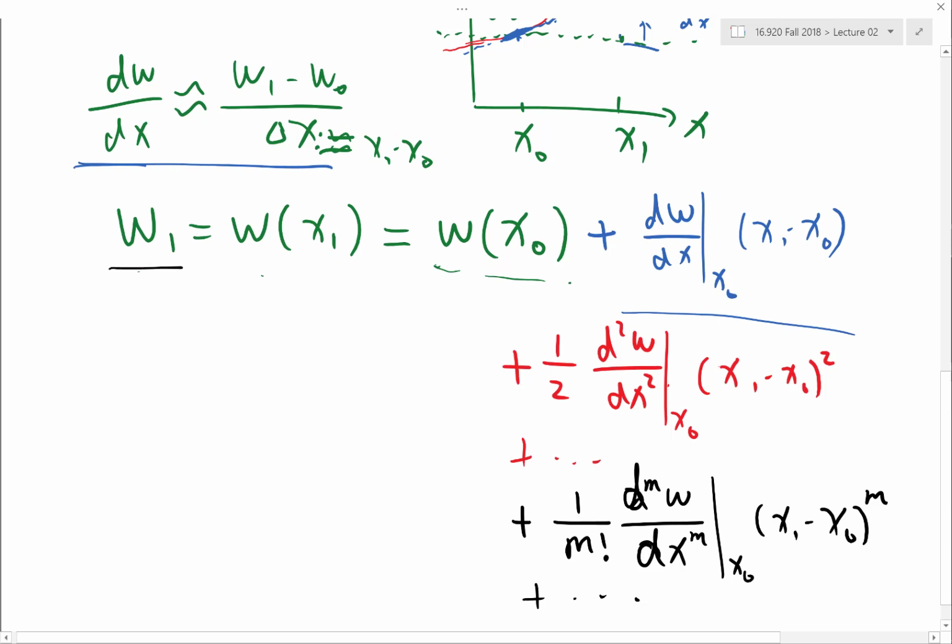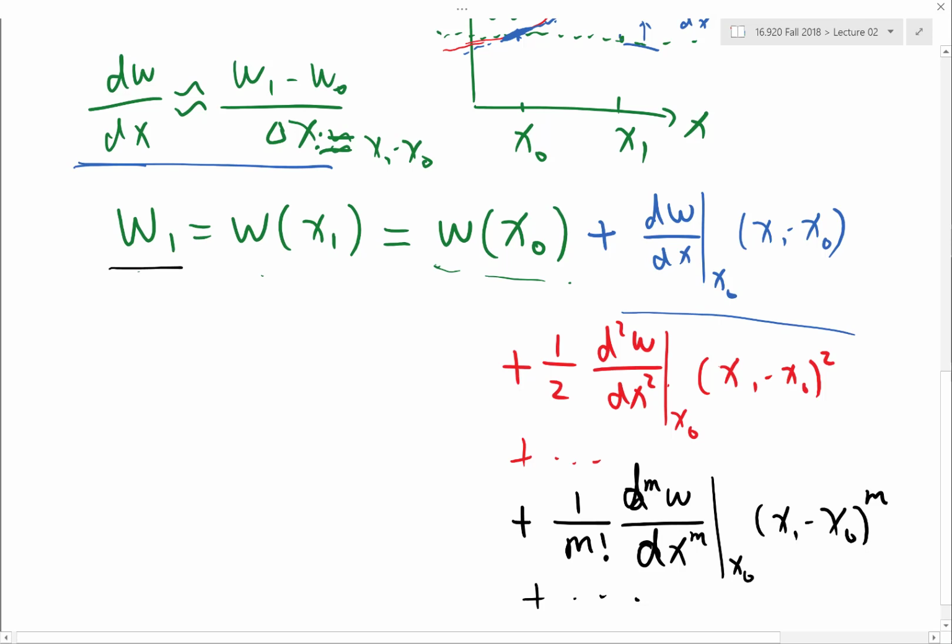Another thing you can observe, which is particularly true if x1 minus x0 is small, is that the high order terms actually decay very fast. So for example, assuming the same function, which means that the derivatives are the same, if x1 minus x0 is shrunk by a factor of 10, the 0th order term, w of x0, doesn't change, while the first order term is shrunk by a factor of 10.